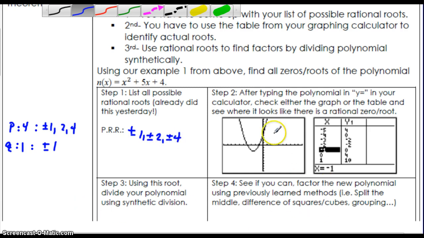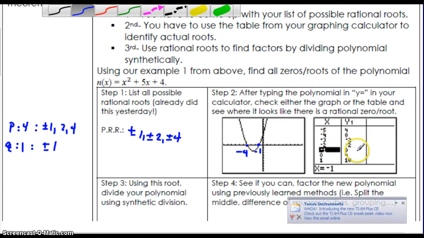So what we're going to do is look at our graph. Type it into the y equals, and we're going to either hit the graph button or hit second graph to get the table. You can either find them right here where they're touching, at 1 or 4, or negative 1 or negative 4.